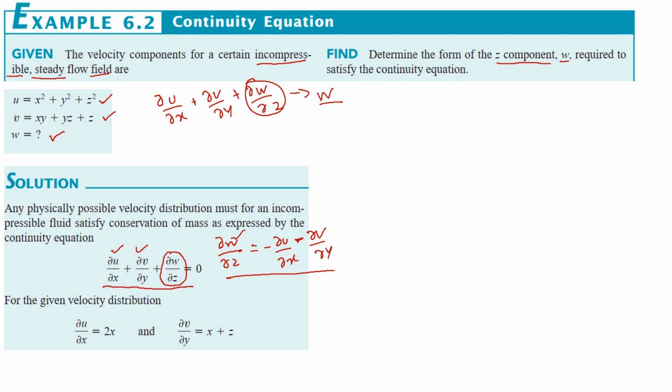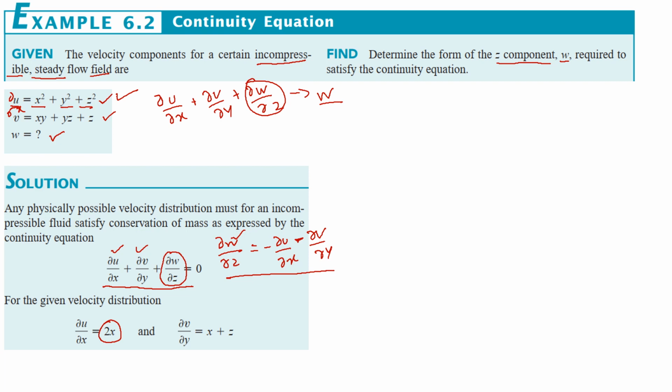This is what we are going to get by taking the partial derivative with respect to x of the x component of your velocity. By taking the partial derivative of this u with respect to x, we are going to derive only this term, and these two terms will be equated to 0. So by taking the partial over partial x of this u, we are going to get 2x.